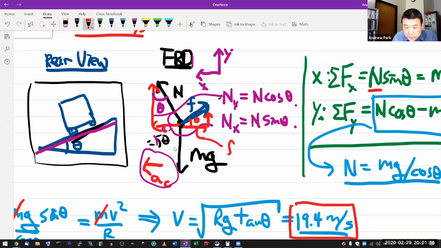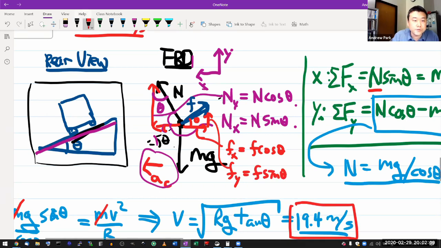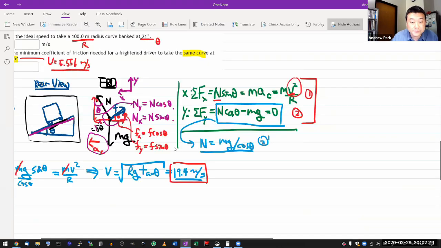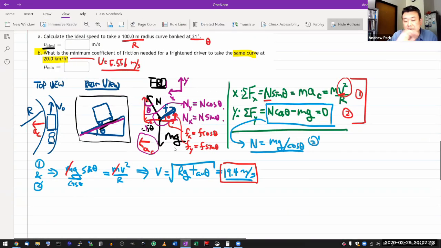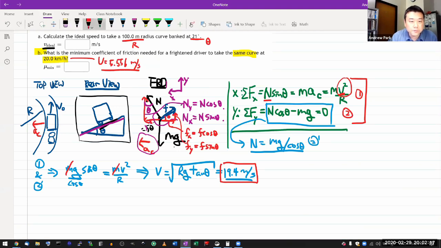So the x component of friction will be f cosine theta, and the y component will be f sine theta. This, by the way, is why you need to always draw the triangle. You can't automatically go with sine in one and cosine in the other. You just have to draw the triangle, track the angle in the triangle, and do that.